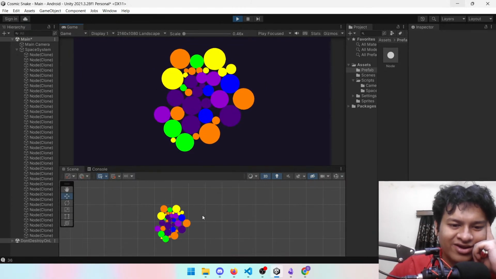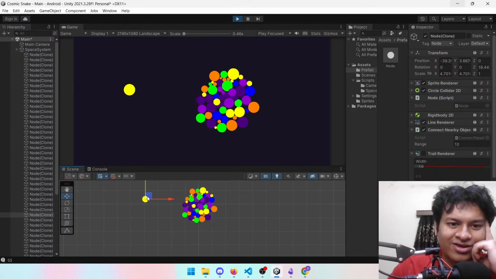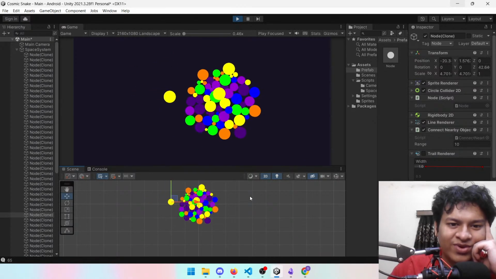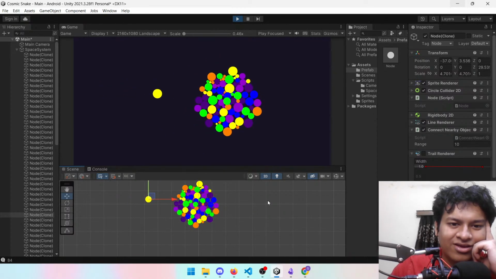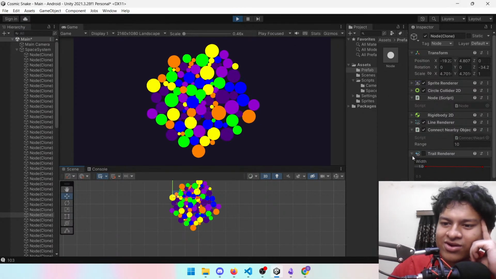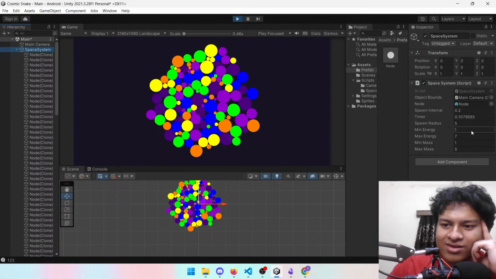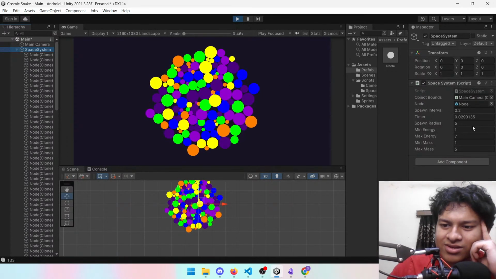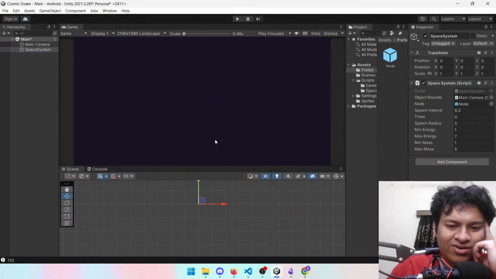It's very apparent. Let's pull one of the bigger guys out. Yeah, it's being pulled together. Still not happy with 60. Where is it? It's just a private value.